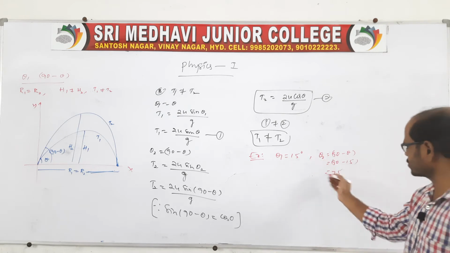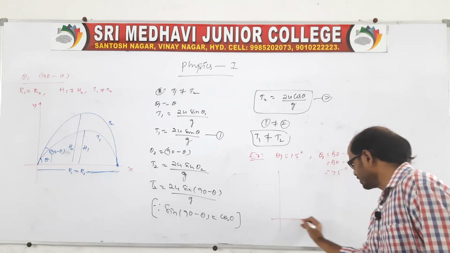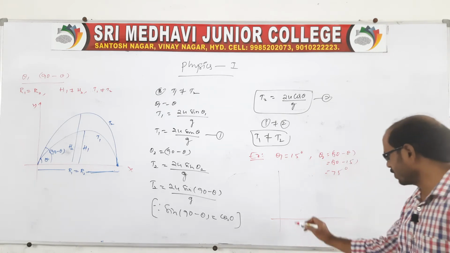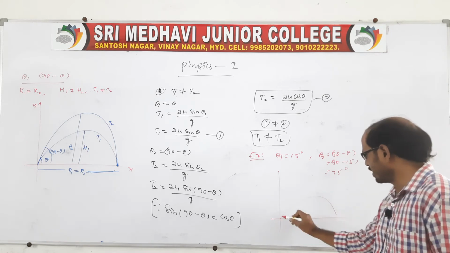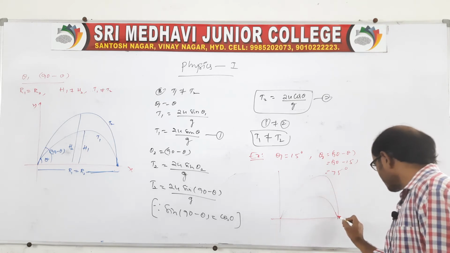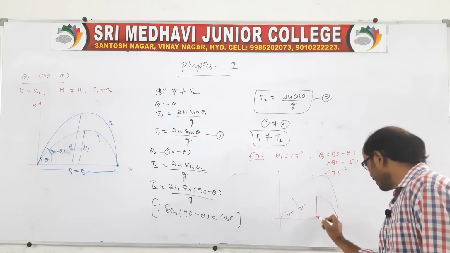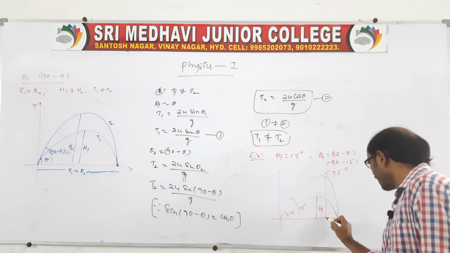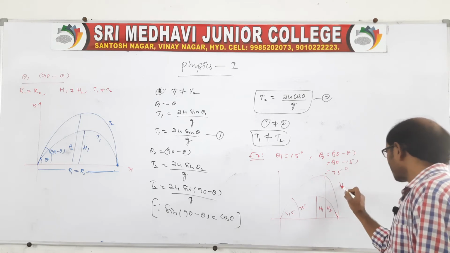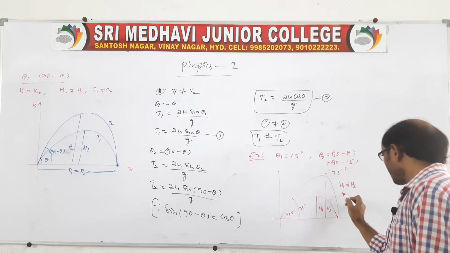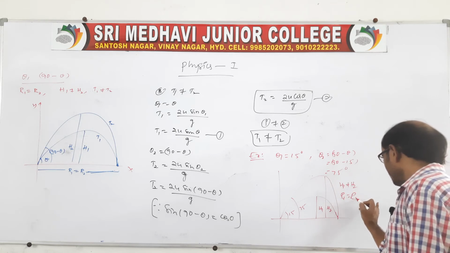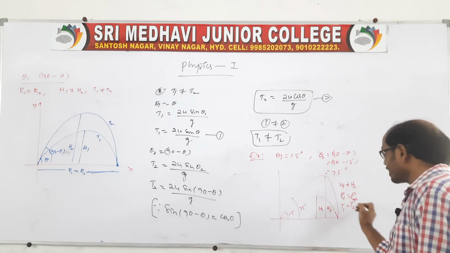For these two angles, are the maximum heights the same? No. You take 15 degree like this, and another one is 75 degree like this. So maximum heights H1 and H2 are not equal, but ranges are equal, and the time of flights are also not equal.